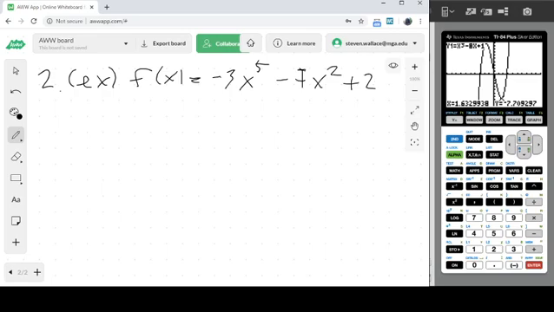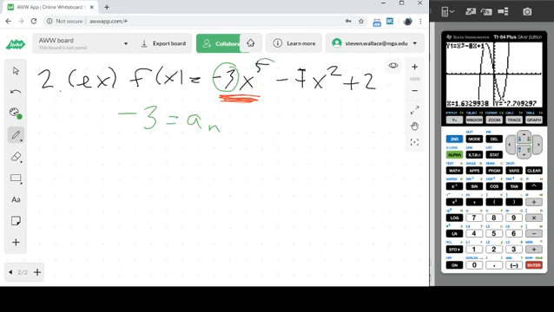And this right here is the important term. It's called the leading term with leading coefficient, in this case negative 3. So negative 3 is our a sub n here.